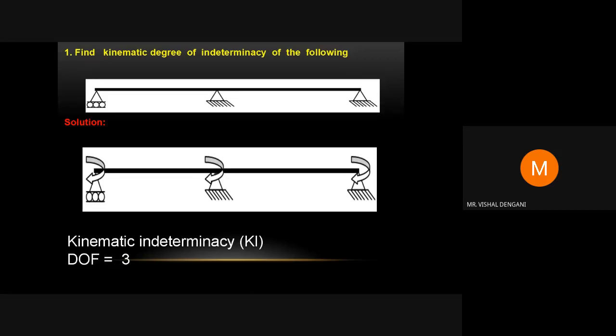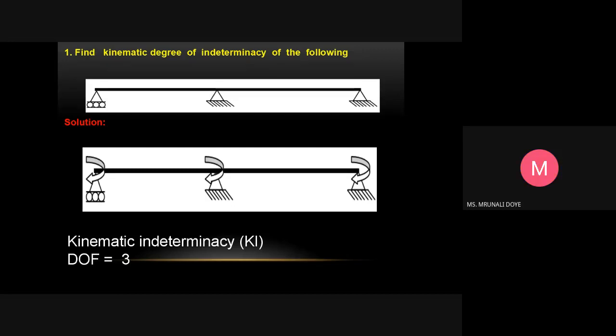So what is the remaining displacement? Delta x we don't have to consider, because whatever analysis we are carrying out is without axial deformation. So we will not consider the displacement along x.